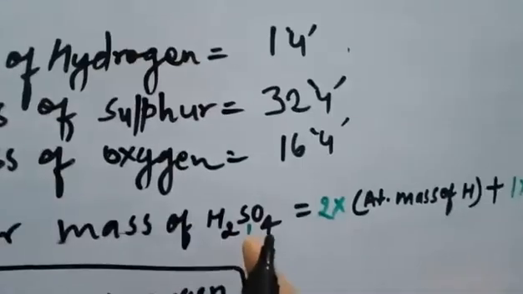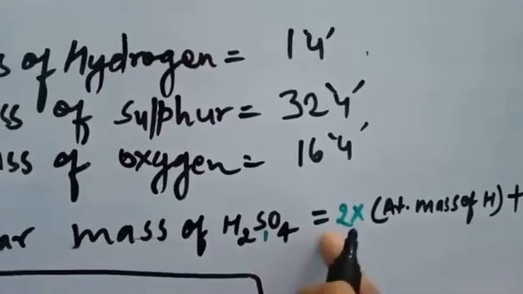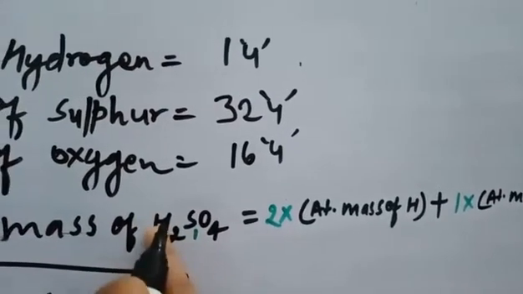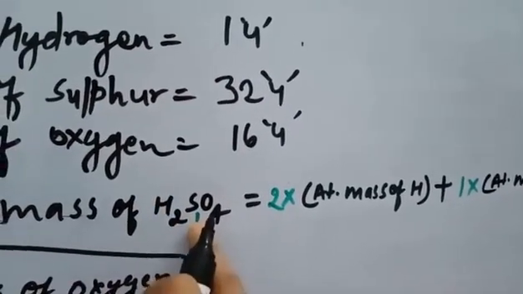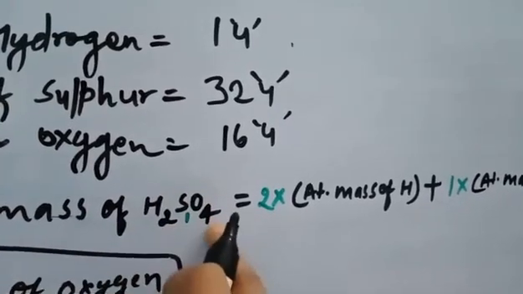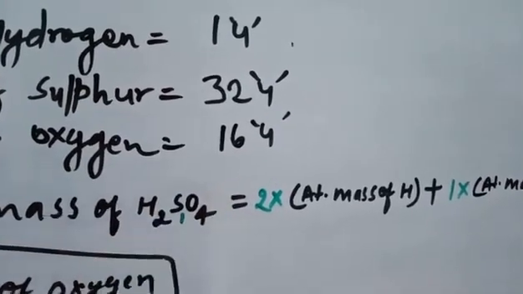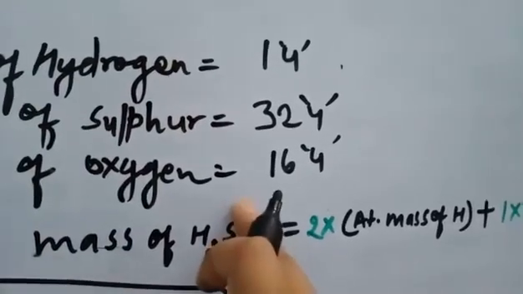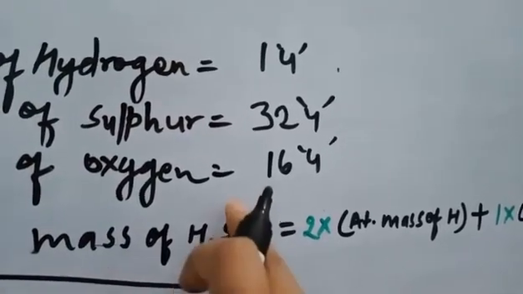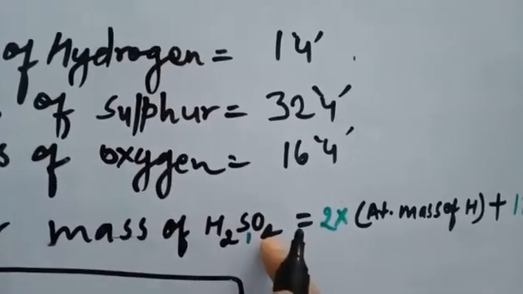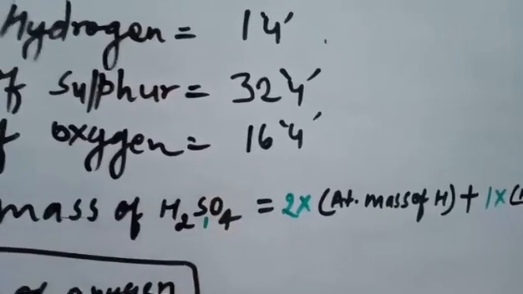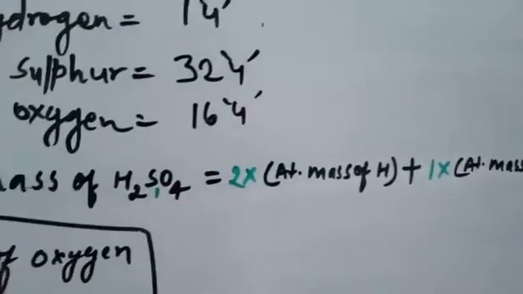So the molecular mass of H2SO4 is equal to 2 into atomic mass of hydrogen plus 1 into atomic mass of sulfur plus 4 into atomic mass of oxygen. Multiplying the mass of 1 oxygen by 4 gives the mass of 4 atoms of oxygen. So we have written it like that.